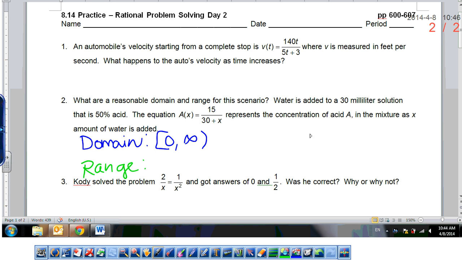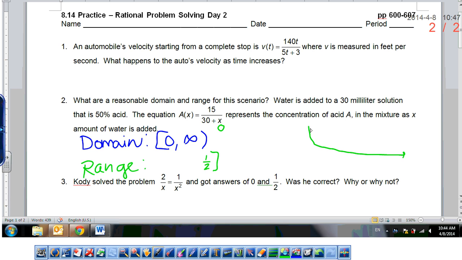So can you imagine that this part of your graph is doing this, right? What's the highest y value we reach? 1/2. Because if I plug in 0, that's the biggest this number's ever going to be. As I plug in higher x's, this number gets smaller. So my highest number is 1/2. Can I reach 1/2? Yeah.